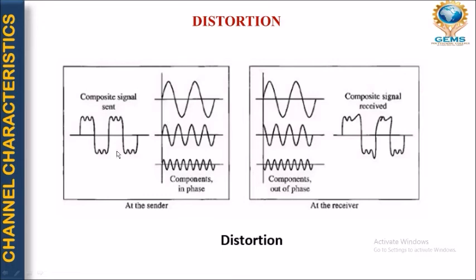They will be clubbed together, and at the receiver end we again have these components and they will be filtered out one by one. But here we can see you have the original image like this, but here you have some part of impairment. This impairment is known as distortion.